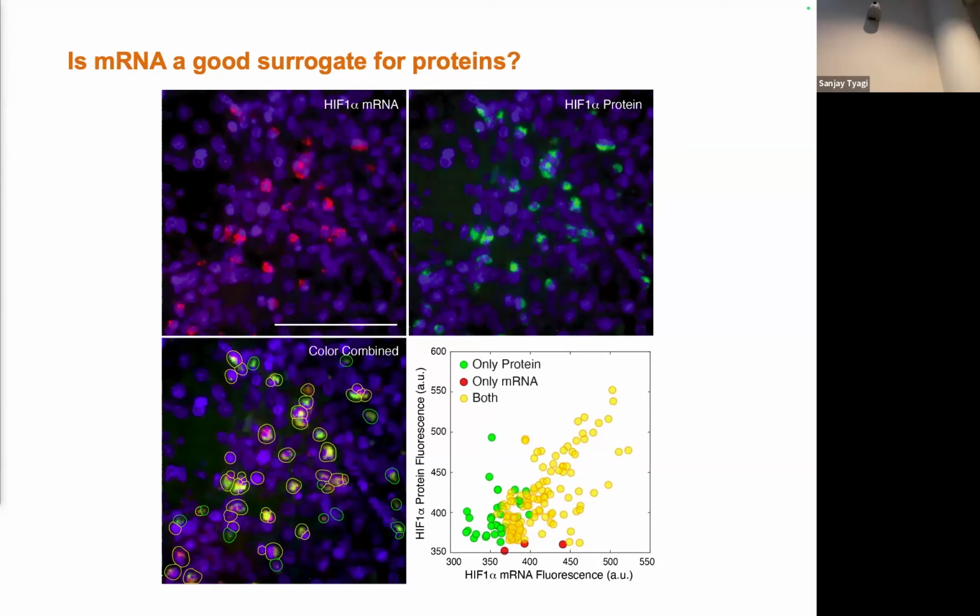That's the idea. So the question was, can we see RNA and protein at the same time? And be labeled with antibody and RNA, and you can generally see that very few cells have only RNA, most of them have both.